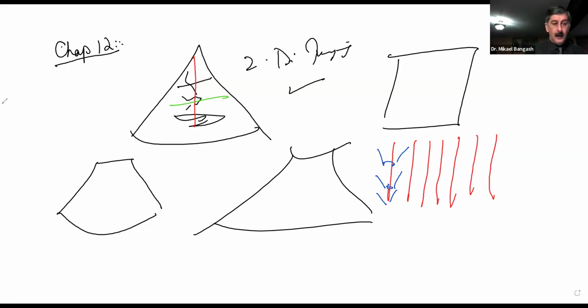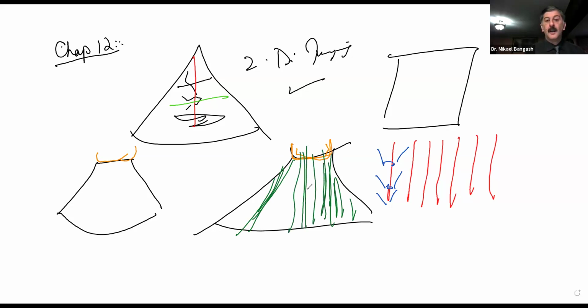Likewise, if this was your transducer, how is it that we get this part of the image or this part of the image, as the sound beam only travels straight?